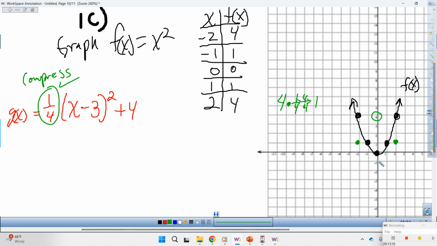Okay, next, look at these 2 points. What is the y value? 1. So what is 4 times, I'm sorry, not 4. What is 1 times 1/4, everyone? 1/4, is that correct? So I'm going to bring these 2, let me zoom in.